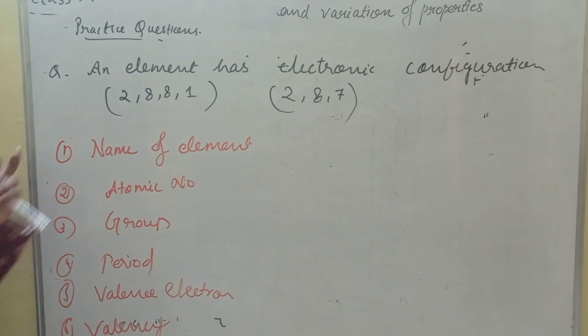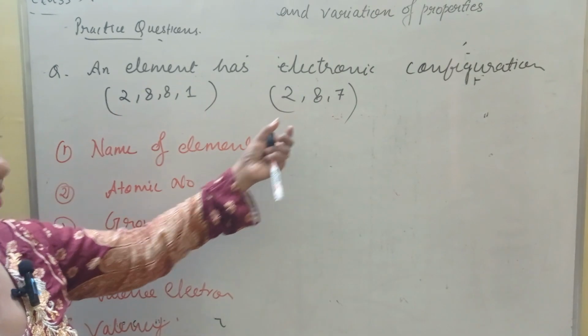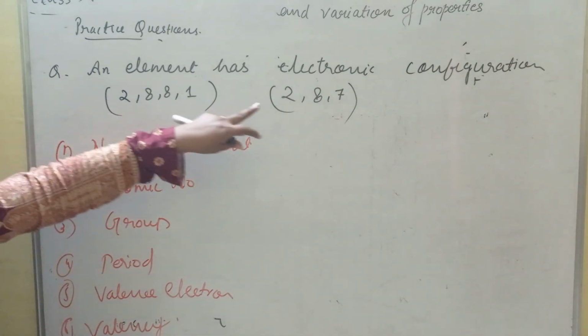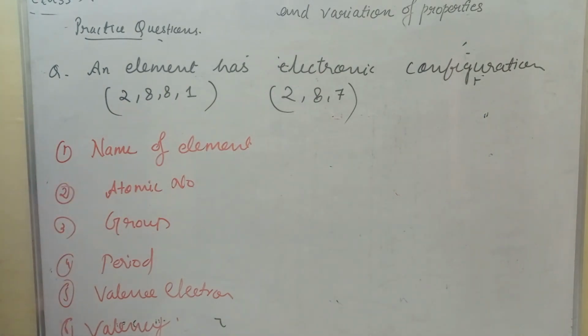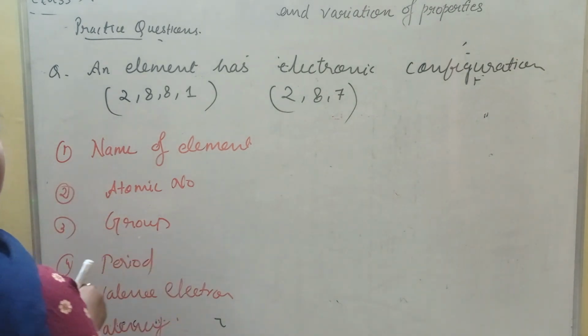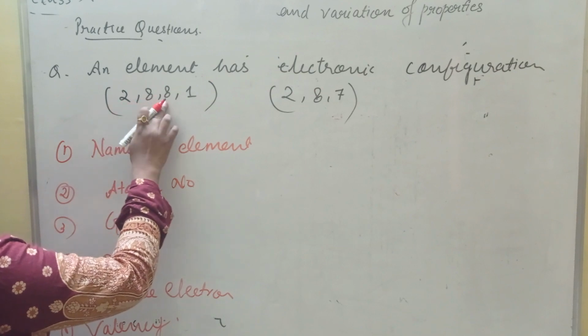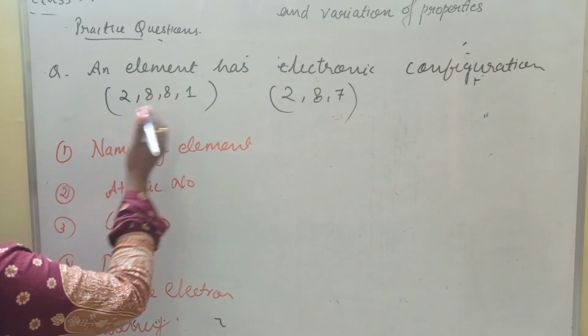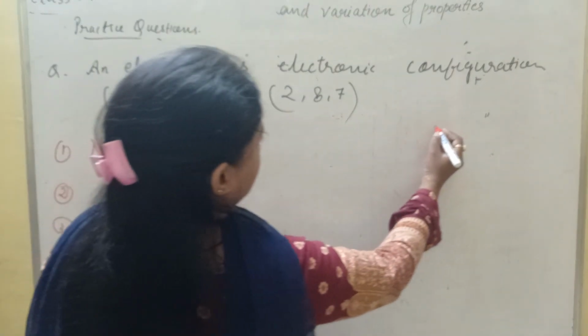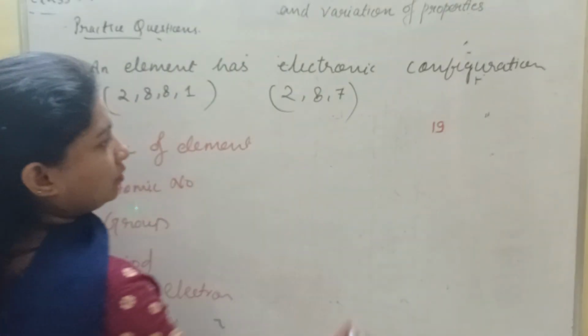So an element has this electronic configuration. Based on this information, you have to answer the question. First we'll see the electronic configuration. From the electronic configuration, you can find out the atomic number: 8 plus 2, 10, plus 8, 18, plus 1, 19. 19 is the atomic number for potassium.